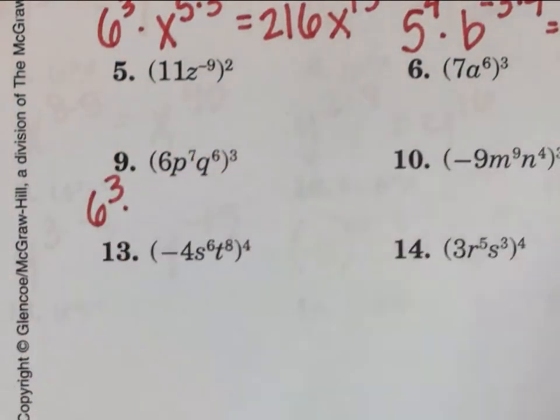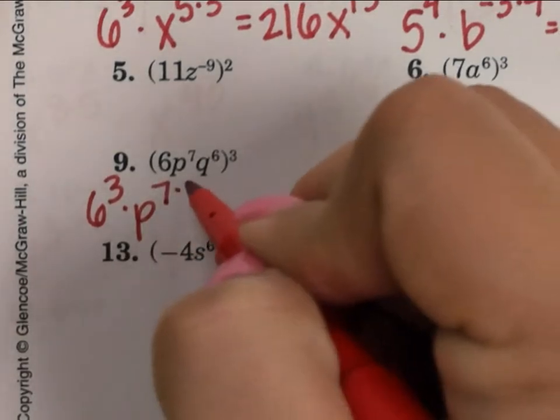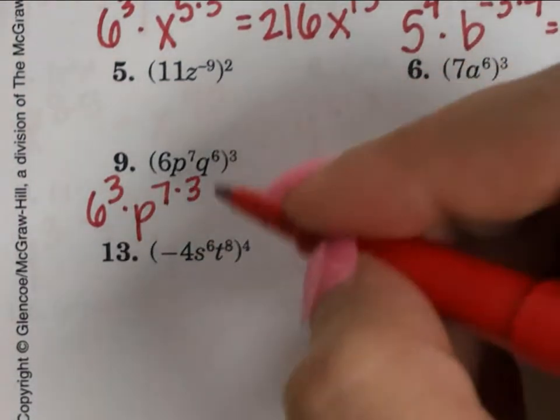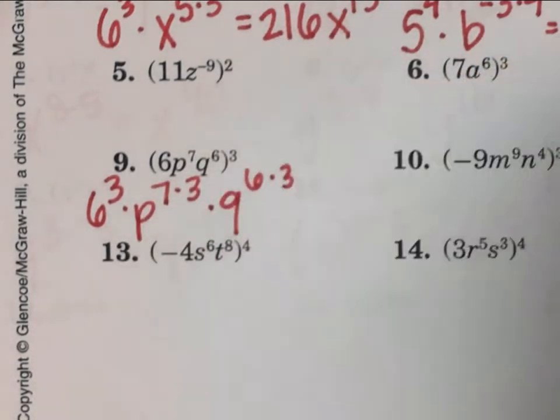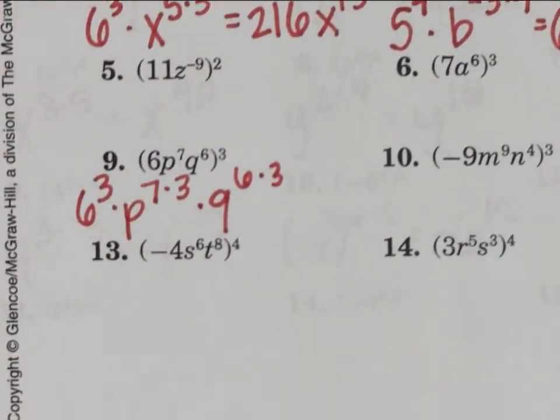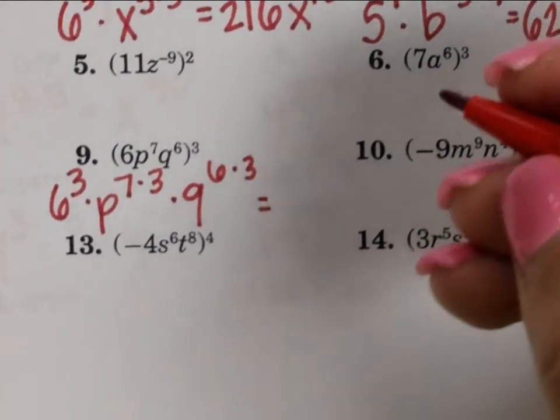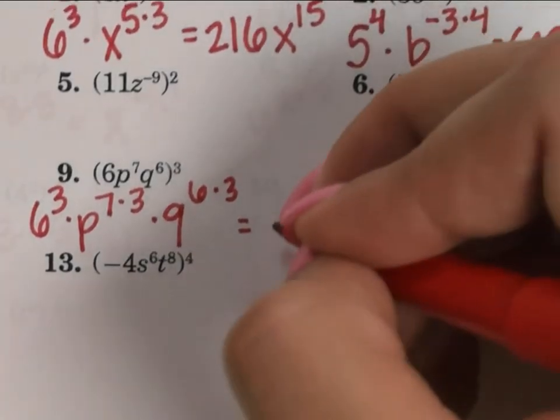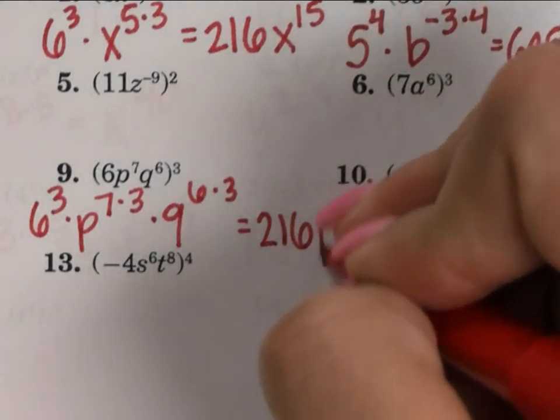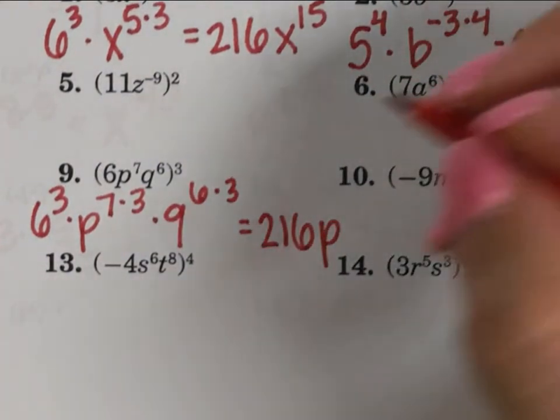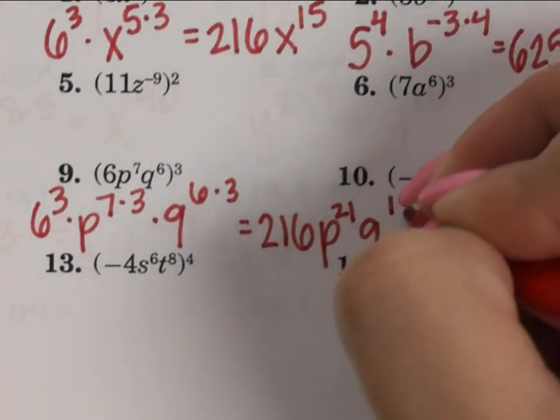So I'm going to have 6 cubed times P to the 7th times 3 times Q to the 6 times 3. And then 6 cubed, we already said earlier, was 216, correct? So my answer should be 216 P to the 21st, Q to the 18th.